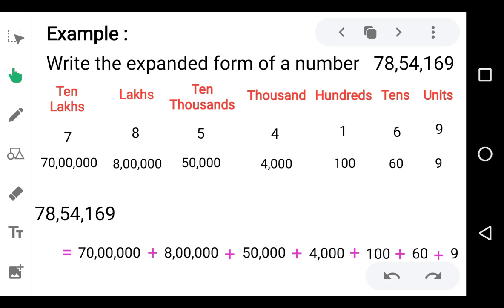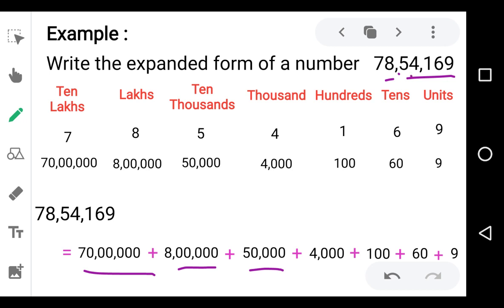After counting we will add these 6. How many digits are there? 6 digits. So we will write 6 zeros after 7. See here. Then second one is 8. And after 8, how many digits are there? 5 digits. So we write 5 zeros after 8. Next one is 5. After 5, how many digits? 4 digits. So we write here 4 zeros after 5. Then next one is 4.